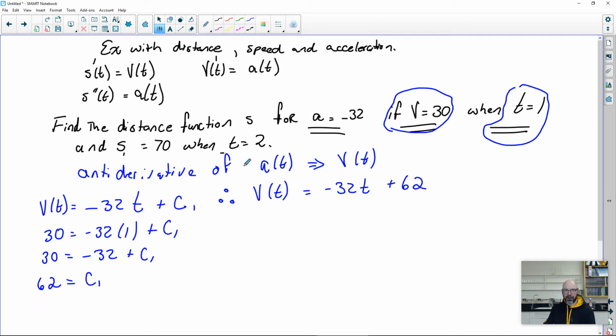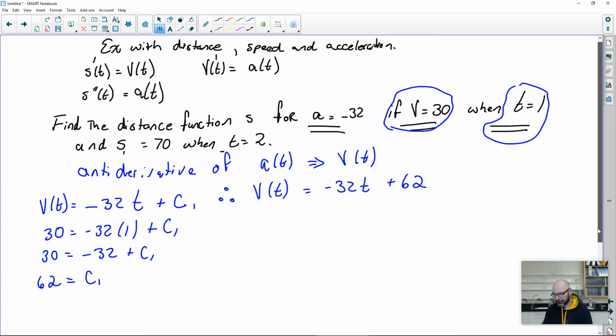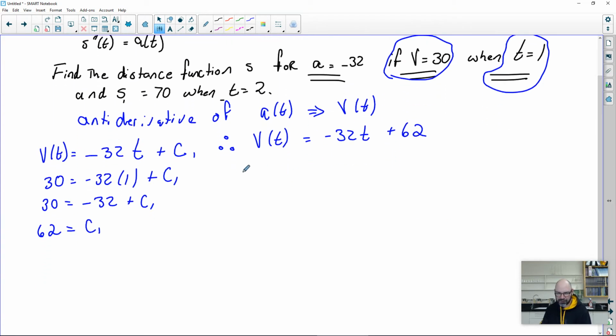Okay, so find the distance function, S. Well, we've got the velocity function. We have to do the antiderivative one more time to get the distance function, not the speed function, pardon me. So if we want the distance function, S, we take the antiderivative of velocity. So s of t is going to equal the antiderivative of this.